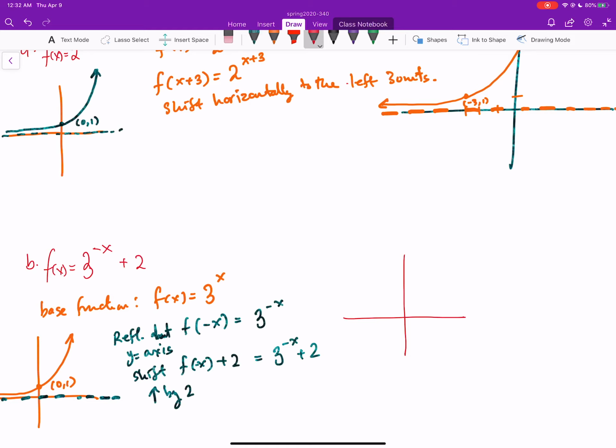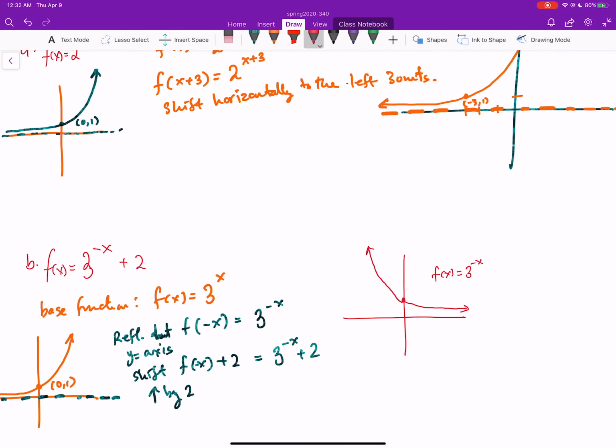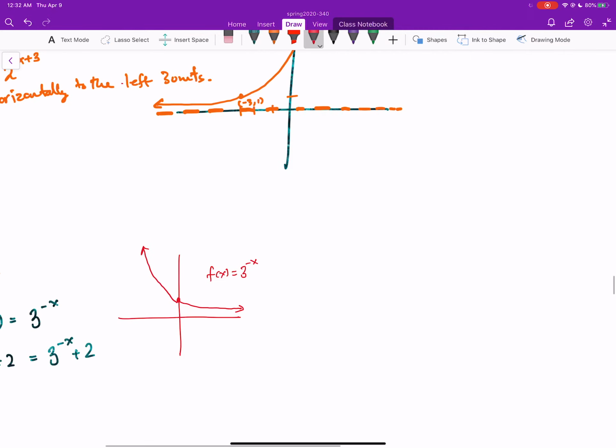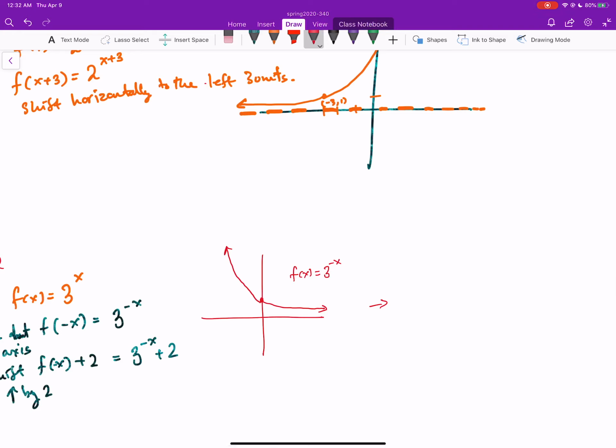From my base graph, I'm going to reflect about the y-axis. So it's going to look like that. That's my reflection. So this is f of x is equal to 3 to the negative x. And then if I complete the transformation, I have a horizontal asymptote right here.